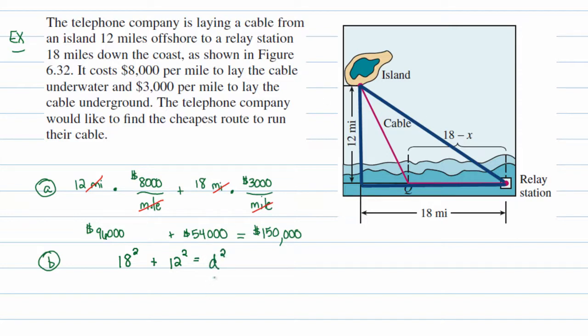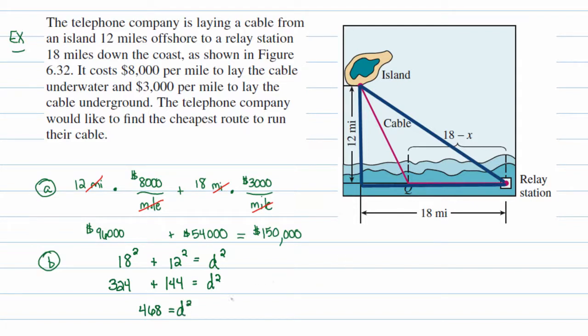I'll just call that d. That distance underwater squared. Well, 18 squared, and I'm actually just grabbing a calculator really quickly because I don't have that memorized, it's 324. 12 squared is 144. And now we'll go ahead and add those two up. So again, I'm just quickly doing this. 468 is equal to d squared.